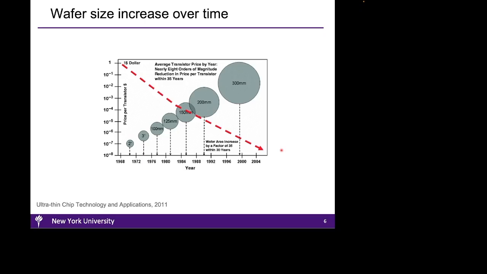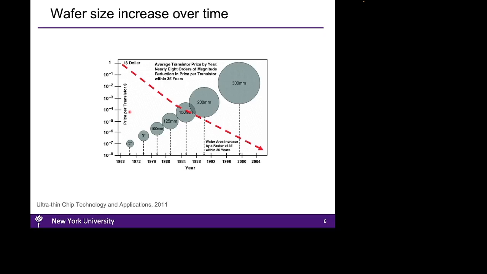Therefore, the cost of individual transistors is determined by the total cost of manufacturing divided by the total number of transistors on a substrate. This simple analysis indicates that increasing the number of transistors on a substrate is a key factor in reducing the cost of electronics.